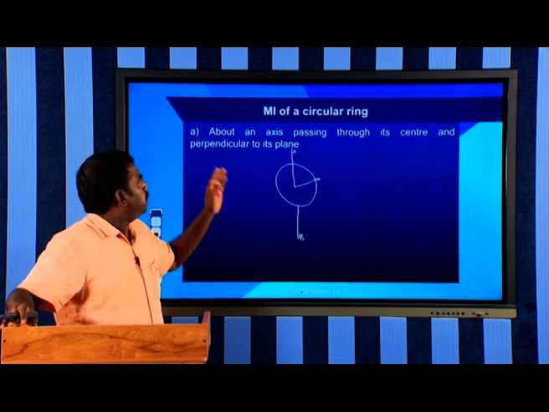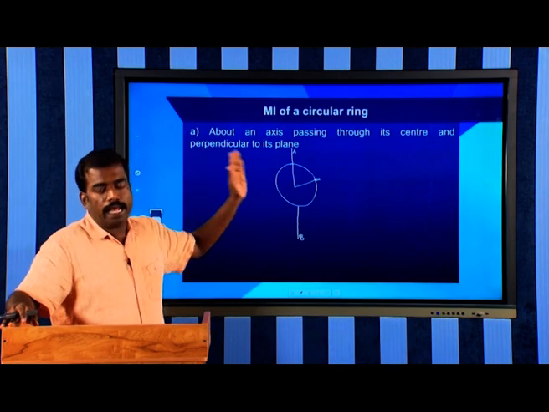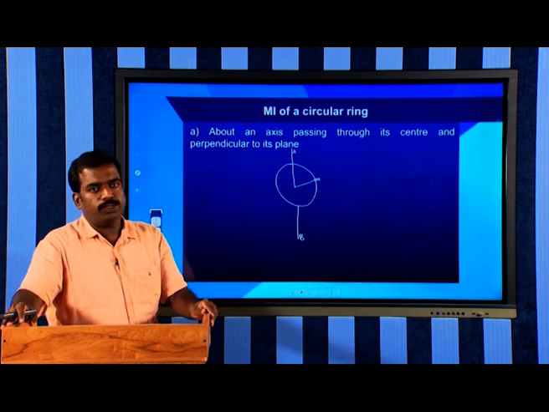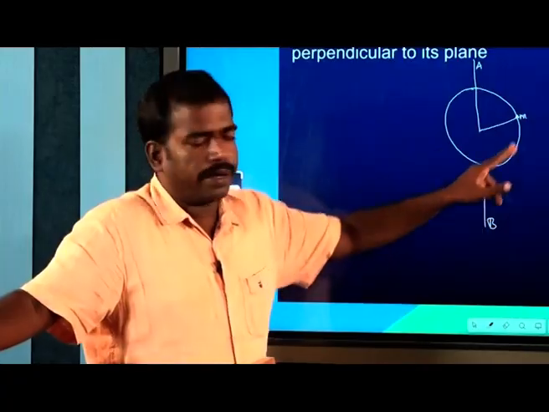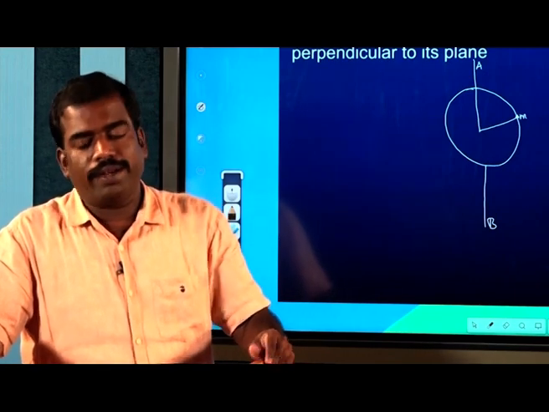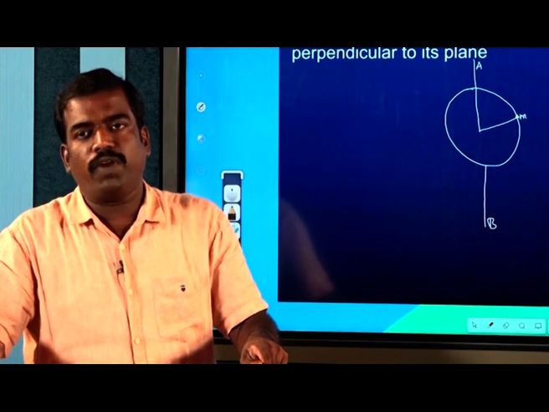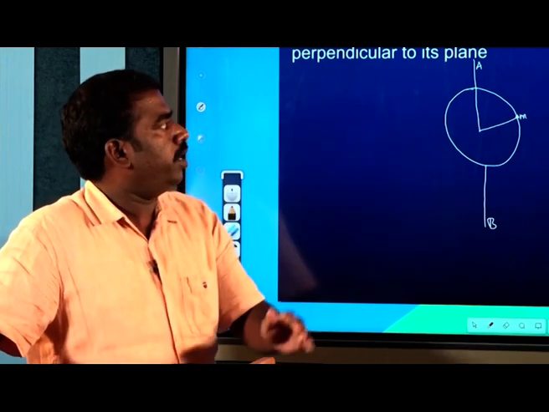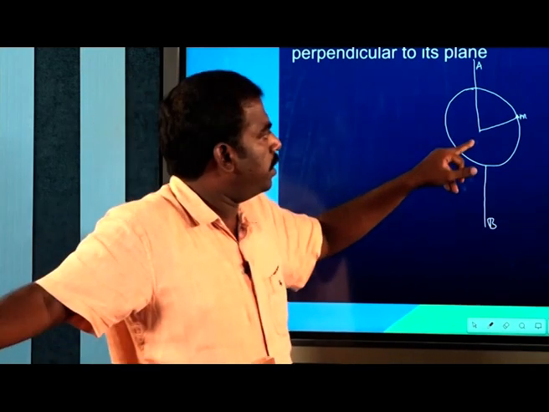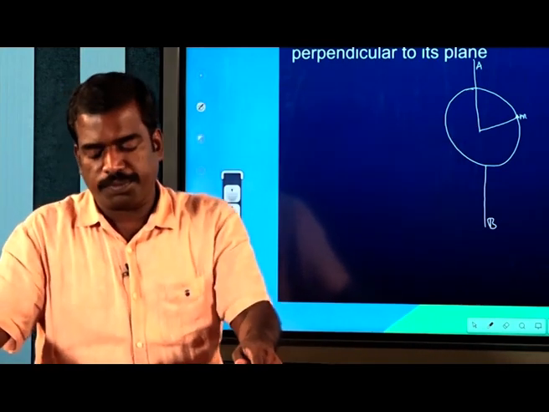Here also we are considering an axis passing through its center and perpendicular to its plane. We consider a circular ring of mass capital M and radius r, and we need to find the moment of inertia of the ring about AB, an axis passing through its center and perpendicular to its plane.